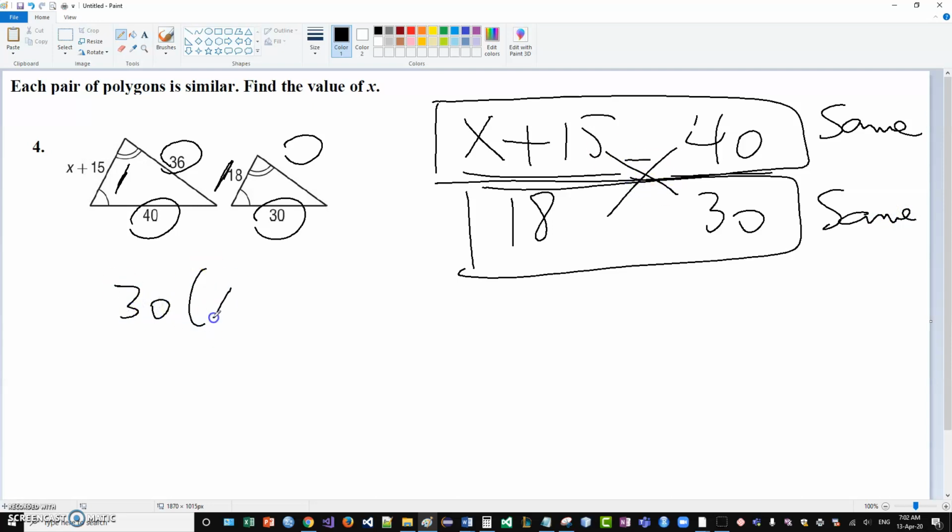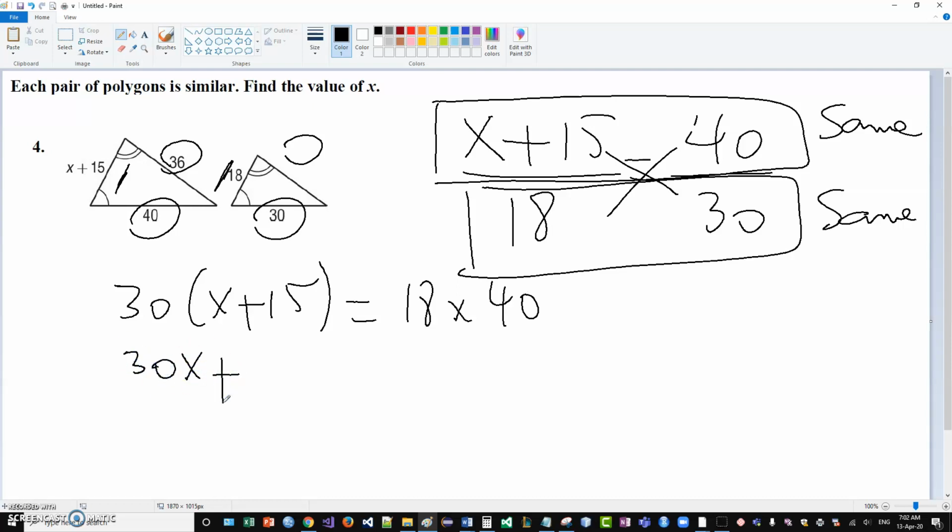30 times x plus 15 equals 18 times 40. So 30x plus 30 times 15, which is 450, equals 18 times 40, which is 720.